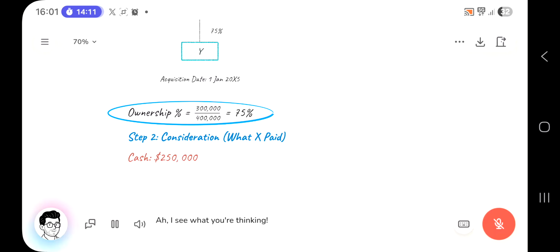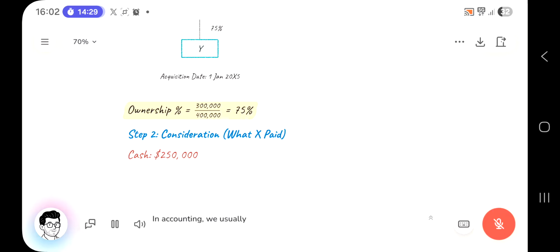I see what you're thinking. Decimals and percentages are just two ways of saying the same thing. Mathematically, 0.75 is exactly the same as 75%.